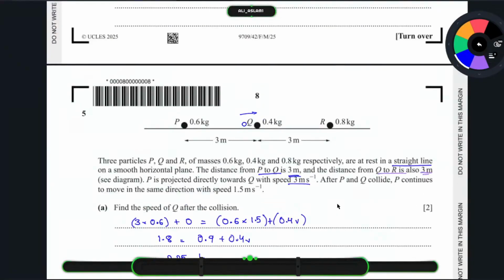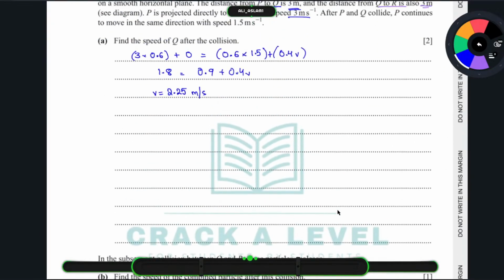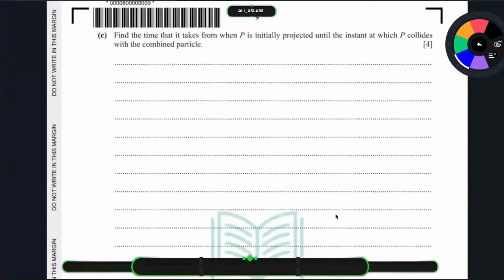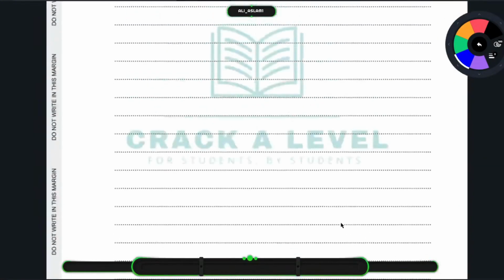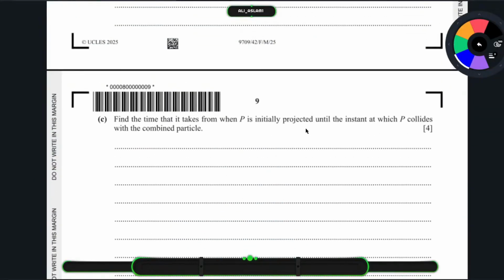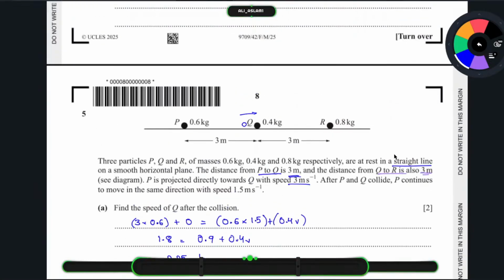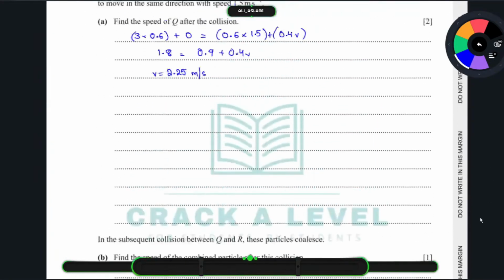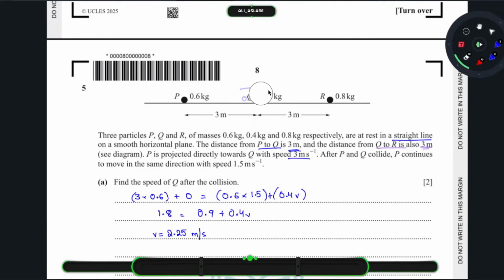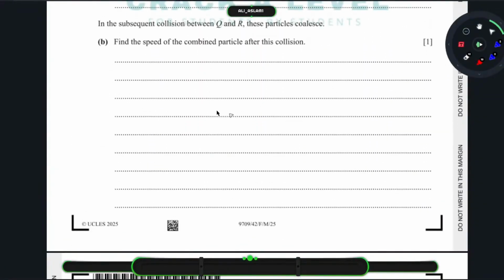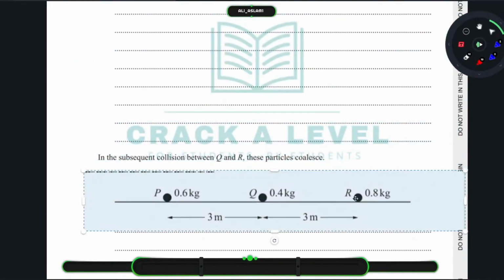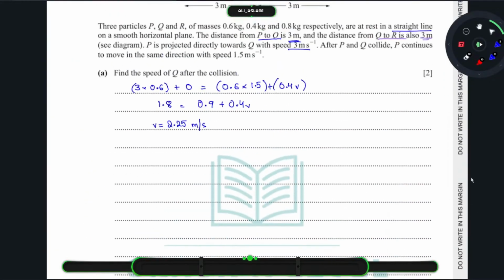So Q and R collide. R is stationary, at rest.